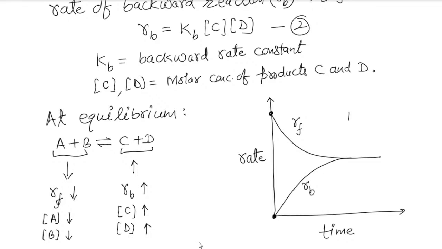A stage is reached where the rate of forward reaction becomes equal to the rate of backward reaction. This stage is called equilibrium.